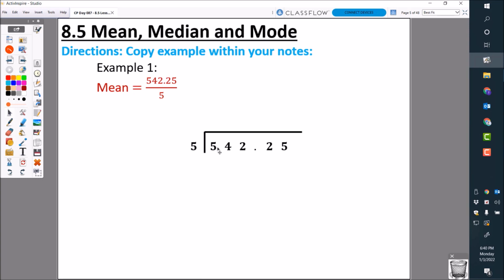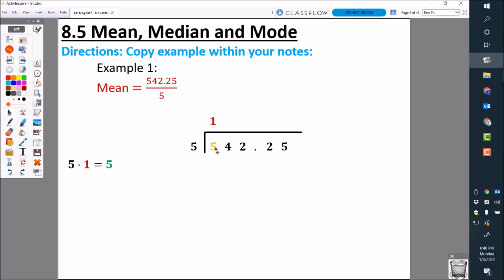We're going to see 5, and right here on the outside, which is our divisor, the 5 on the outside, we see how many times it will go into 5. So like I said, we're going to focus on the first 5. Here I would say that the 5 that's outside, also known as our divisor, can go into the highlighted 5, the yellow 5, one time. So we're going to put the 1 above the 5 here.